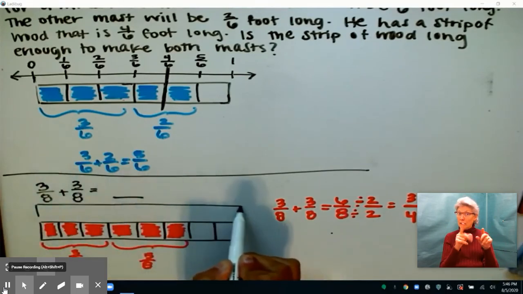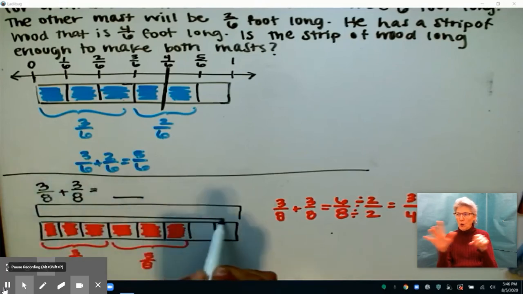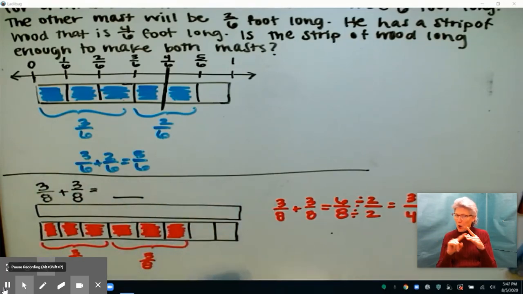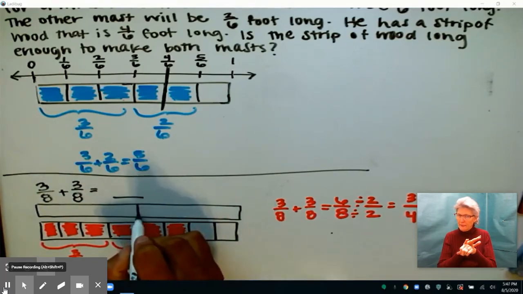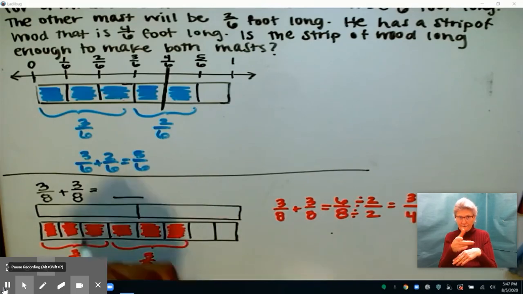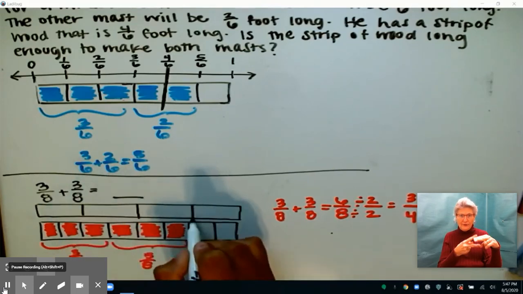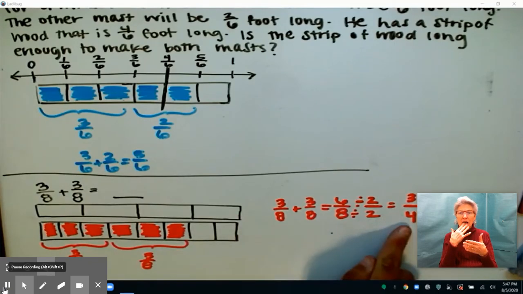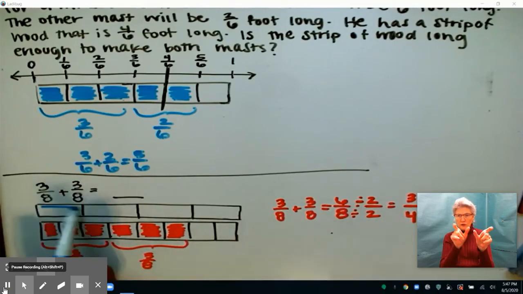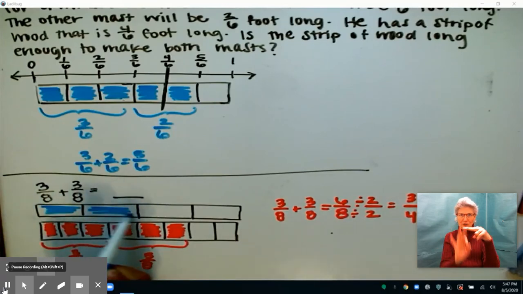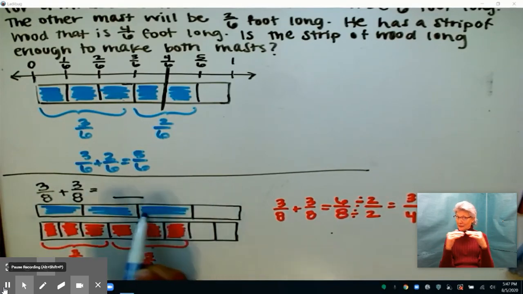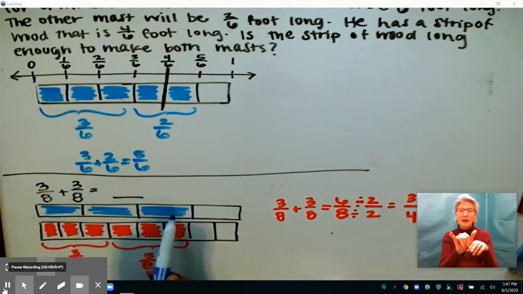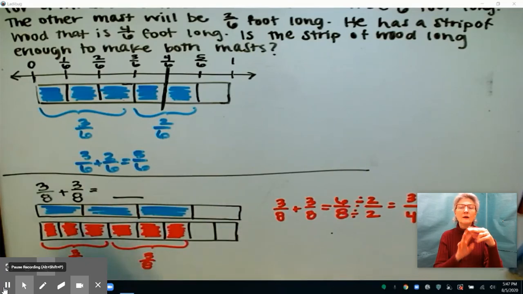I'll draw a whole that's the same size as the whole I used for my 1/8. I'll split it in half to get 2 pieces, and then in half again to get a total of 4 pieces. And then I would need to shade 3/4 because that's the fraction I'm claiming is equivalent to 6/8. And when I shade 3 out of my 4 sections, I find that it is equivalent.